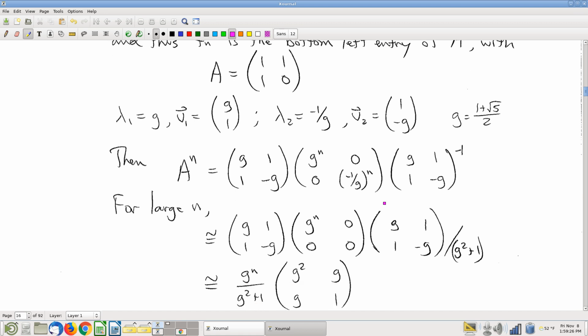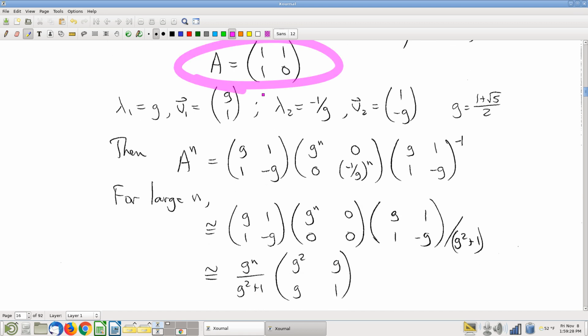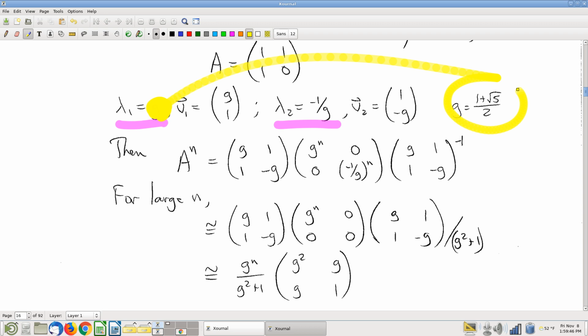If you take this matrix here and you diagonalize it, namely find the eigenvectors, find the eigenvalues, conjugate accordingly, then here are the eigenvalues. Oh, by the way, before I go on, this number g is sometimes called the golden ratio. Another number that appears more than by any rights it feels like it should, sort of an oddly relevant number, 1 plus root 5 all over 2.